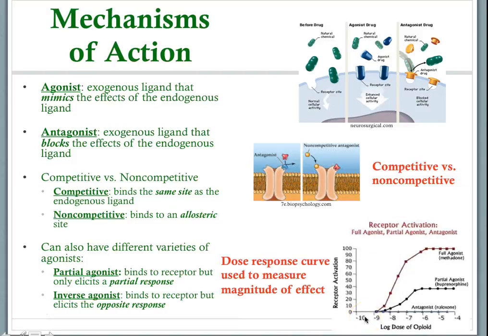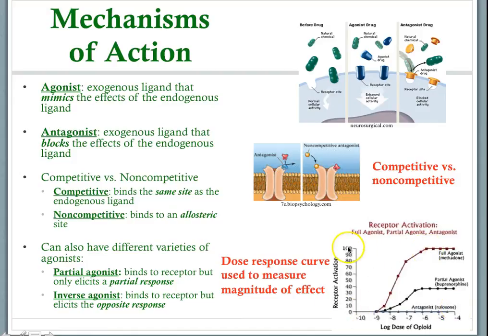So maybe we have a whole bunch of different conditions, and in one of them we add, I don't know, 100 nanomolar concentration. The next one we have 10 micromolar, then 500 micromolar, then 1 millimolar, right? So we can increase the concentrations and measure the amount of receptors that are activated, and this generates a curve for us.